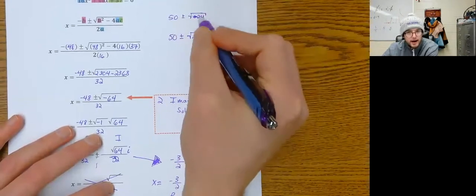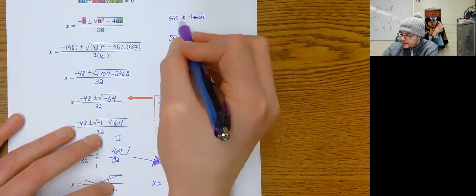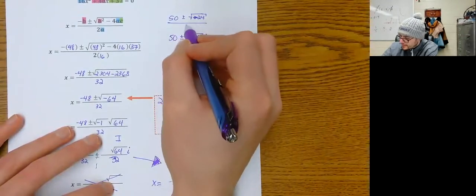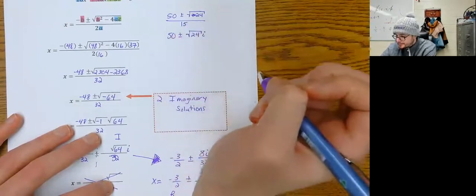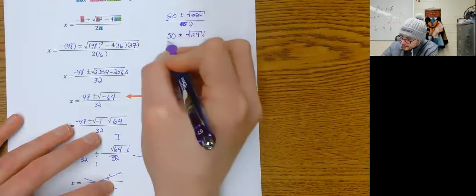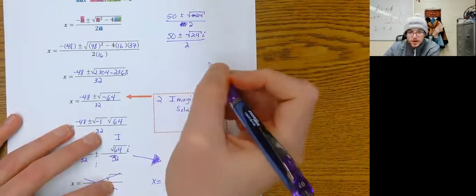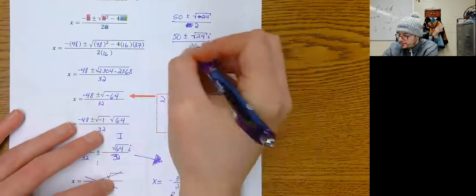You factored out the i, all right? You factored out the i. Let's say this is all over 2. So you're just continuing on. This is a totally fake problem. I do not know what quadratic equation this goes to.